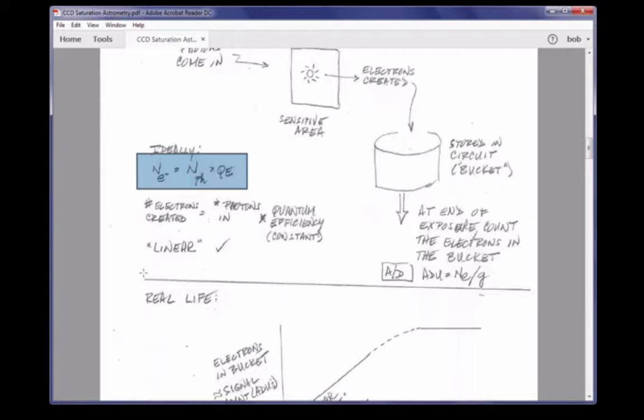Unlike in the bad old days of chemical photography with films, if you read anything from that era of the 1930s photometry using glass plates, the big deal is what they call the gamma, because in that case the density of the film, which is sort of analogous to the number of electrons collected, is the number of photons in to an exponent, which describes the response of the chemicals in the film.